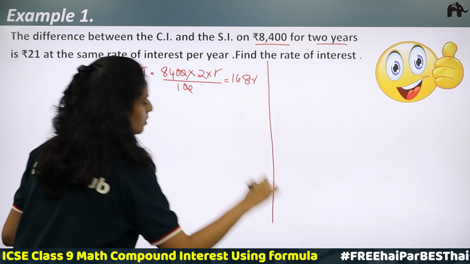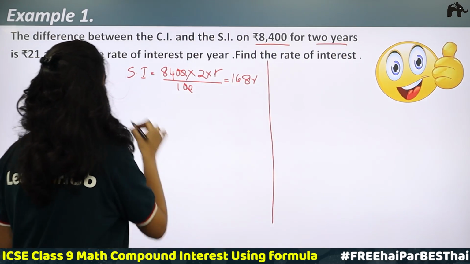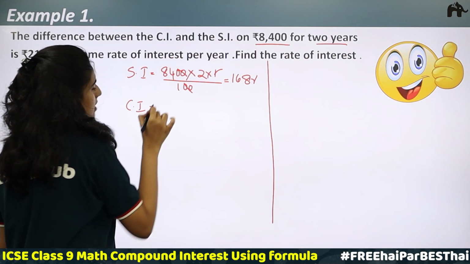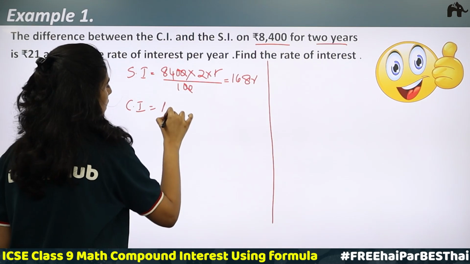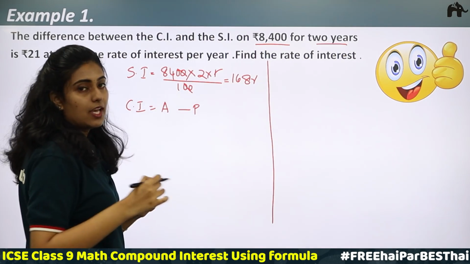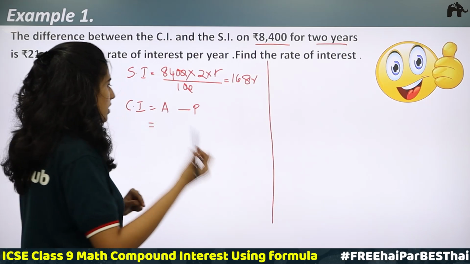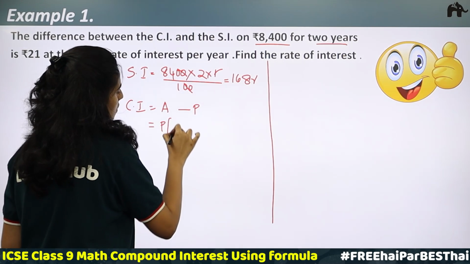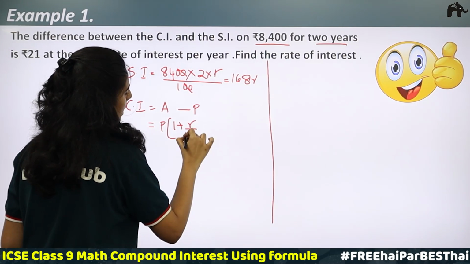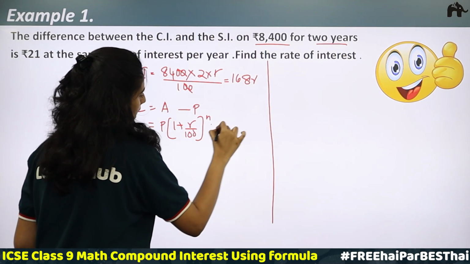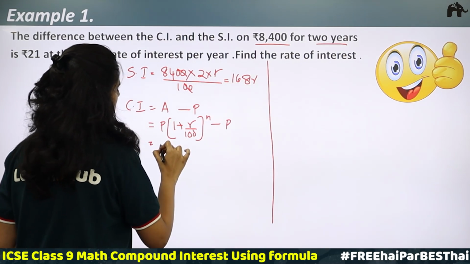The simple interest is equal to 168R. Now compound interest. How to find compound interest? Compound interest we know is equal to amount minus principal, and amount is equal to P into 1 plus R by 100 whole raised to N. So, P into 1 plus R by 100 whole raised to N minus P. Now put the values.